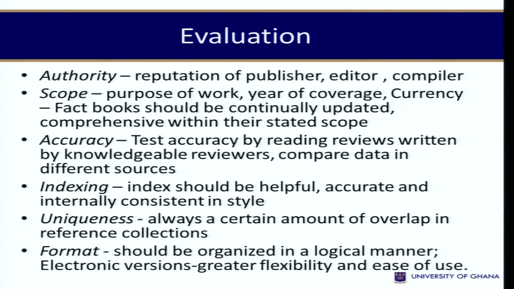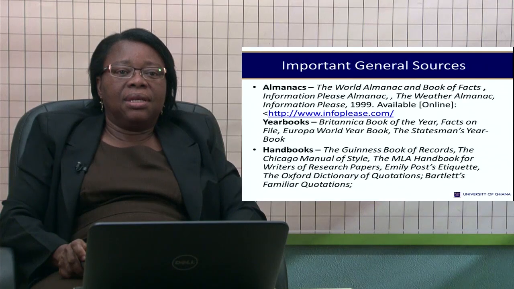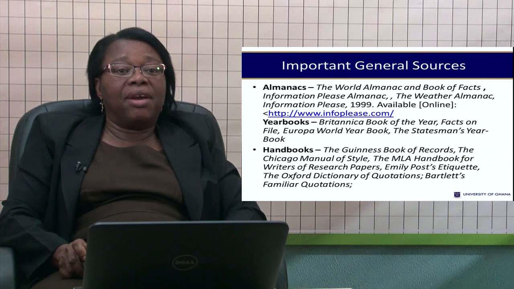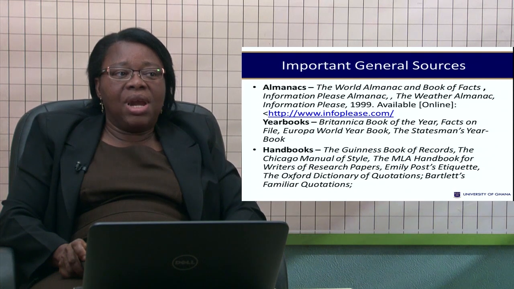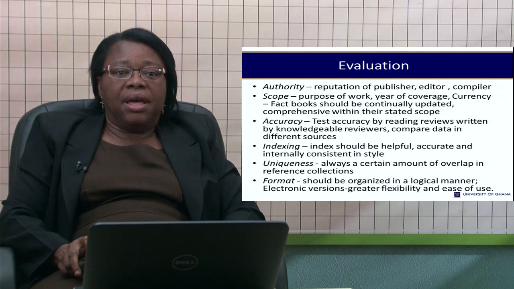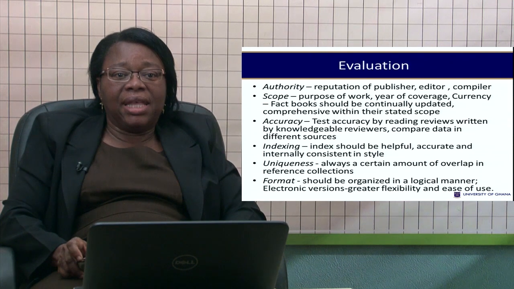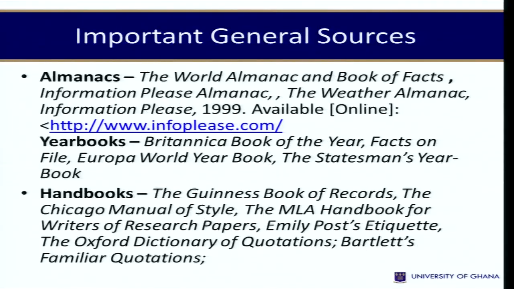You need to look at the format of these fact sources. These are the 3 important criteria for selecting fact sources, but there are others. Whenever you look at fact sources, look at the authority, the accuracy, and the format. Others are also included.